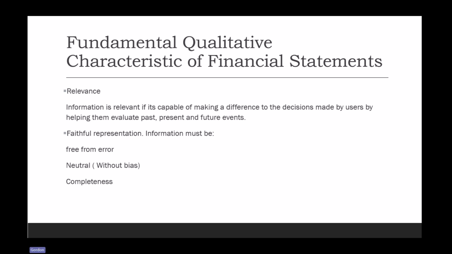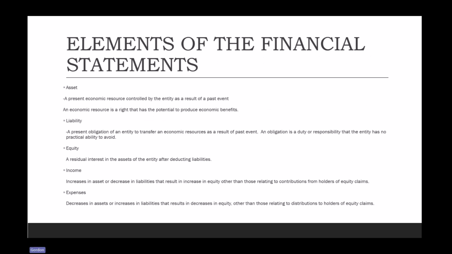What is an income? An income, according to the definition, is an increase in an asset or a decrease in liability that results in an increase in equity, other than relating to contributions from holders of equity claims. This is quite a mouthful. So it's an increase in an asset. An income comes about when my asset increases.